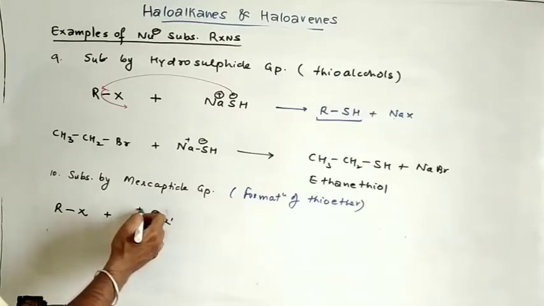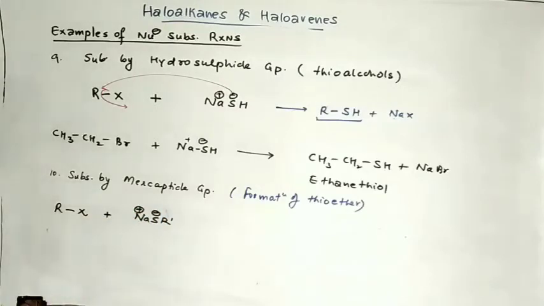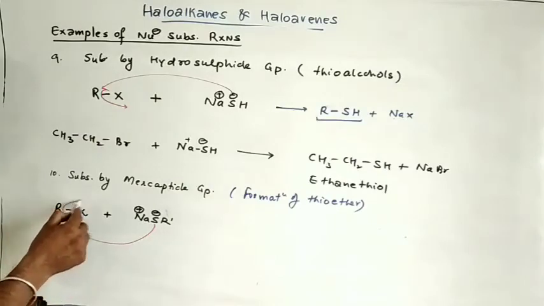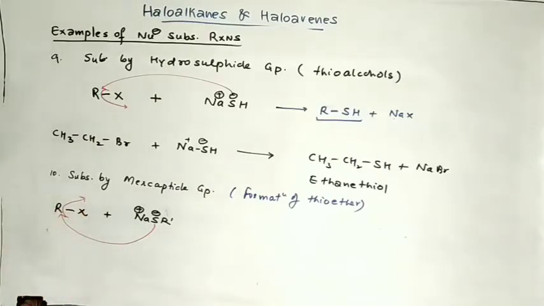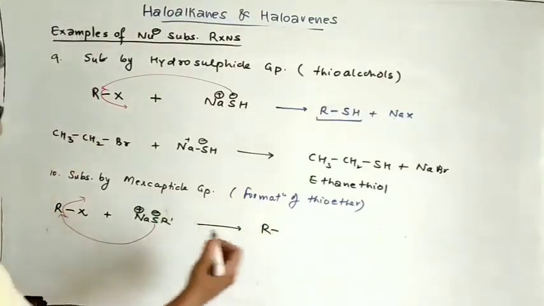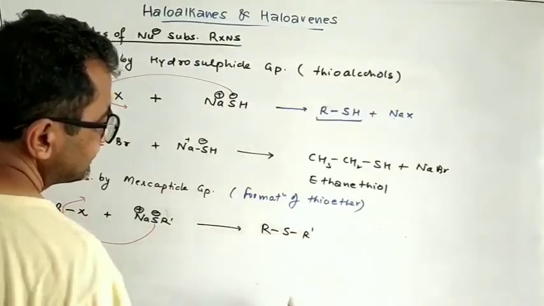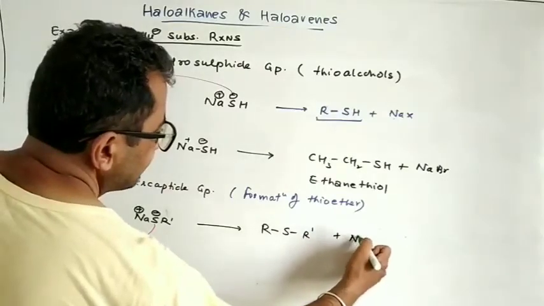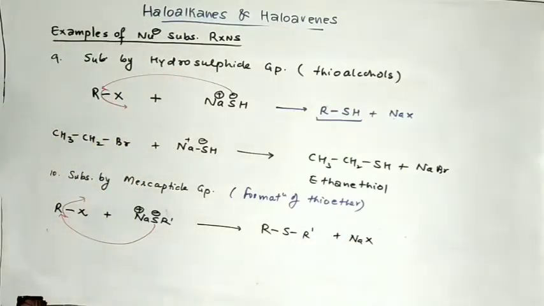So this is positive, this is negative. Your nucleophile here is S with the alkyl group. X is removed. The product formed is R-S-R'. So this is a thioether. It is also called mercaptide.